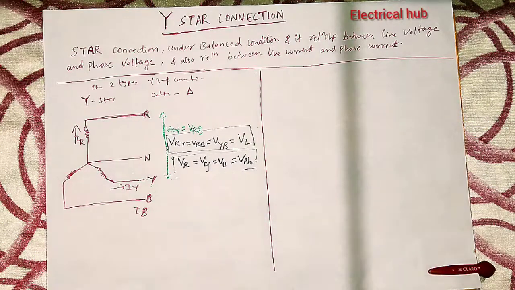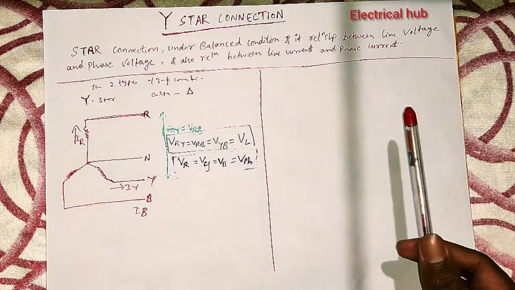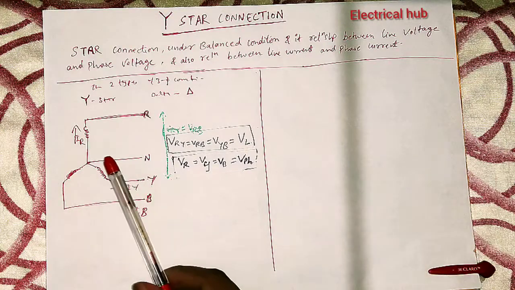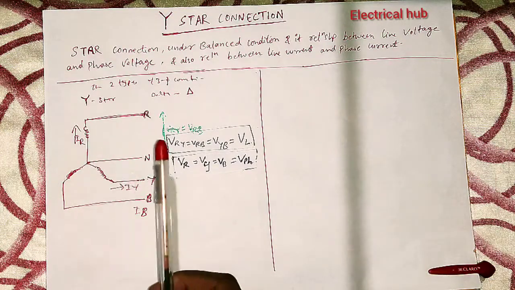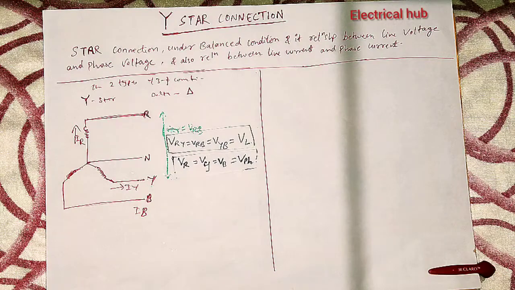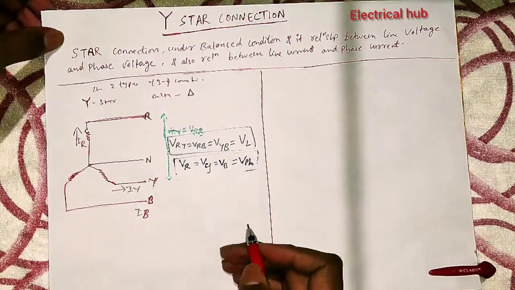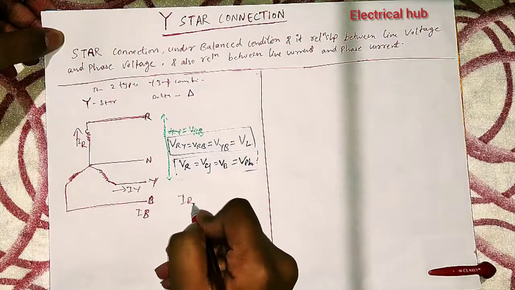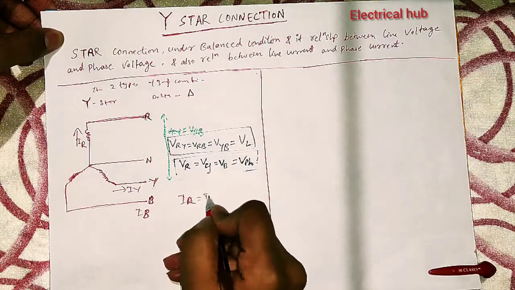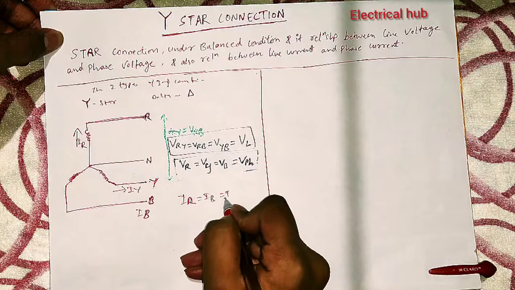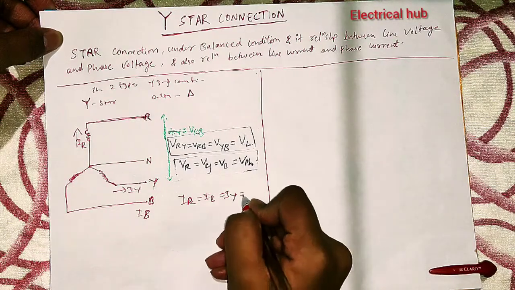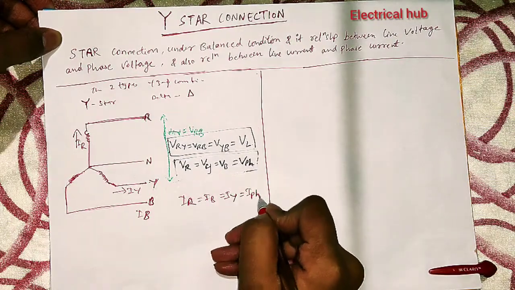And in star connection, the line current is always equal to the phase current. What I mean to say is that the phase current IR is always equal to IB, which is equal to IY, and this is known as IPH, which means phase current.